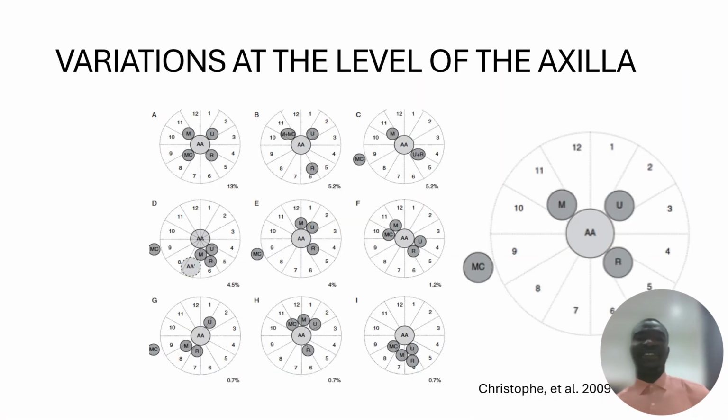Now let's look at variations at the level of the axilla. Remember, at the level of the axilla, you're going to appreciate the cords appearing, and then leading to the formation of the five classical terminal branches. But you're going to appreciate how these branches form in a circular, or clockwise, manner, so to say.